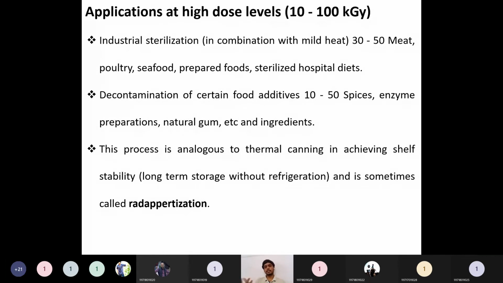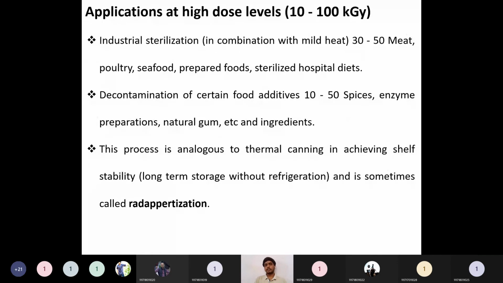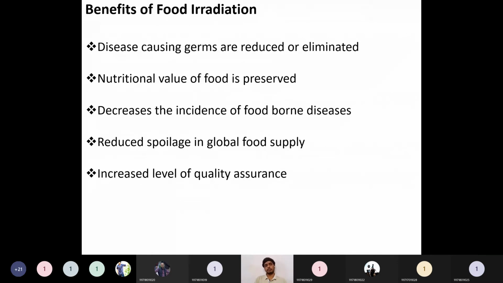The packaging which says that no refrigeration is required might have been prepared using this high-level technique only, but there will be some adverse effects on whoever is consuming that. So these are the applications categorized into low level, medium level, and high level doses.